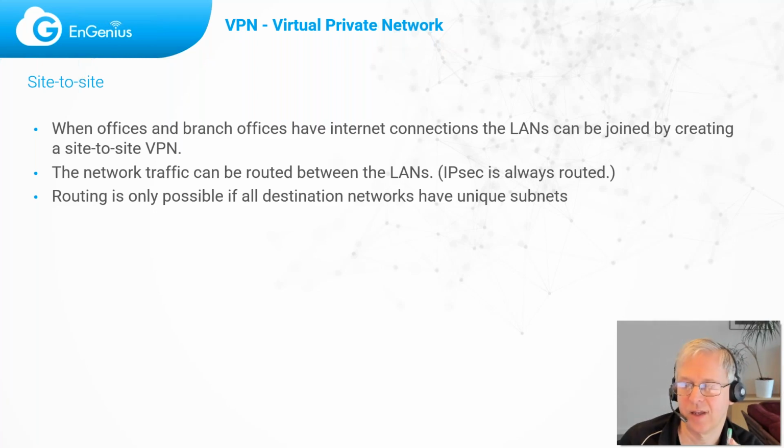So if all your routers are still using their default subnets, which often is something like 192.168.1.something, then that won't work. And if you have our devices which have the 66 network, if they're all still on the 66 network, you cannot route either. So you need to make some changes there.